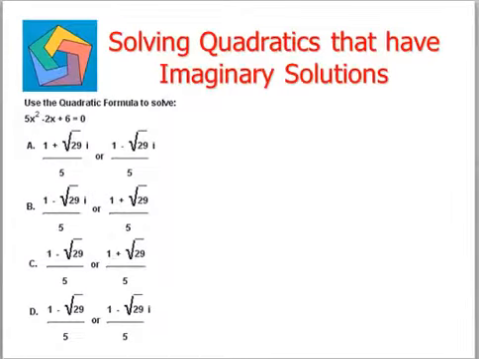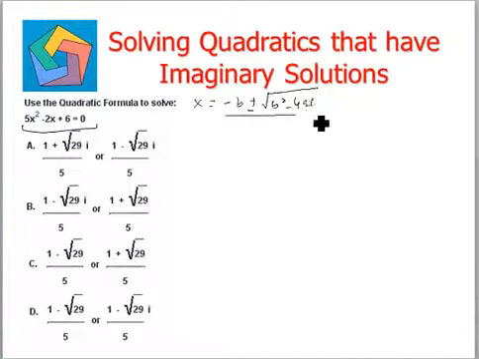Use the quadratic formula to solve 5x squared minus 2x plus 6 equals 0. So we'll write our quadratic formula: negative b plus or minus the square root of b squared minus 4ac, divided by 2a. Here a is 5, b is negative 2, and c is 6. We have to take the negative sign also as part of the value, so we take negative 2.